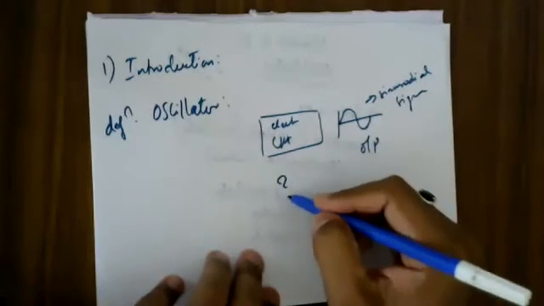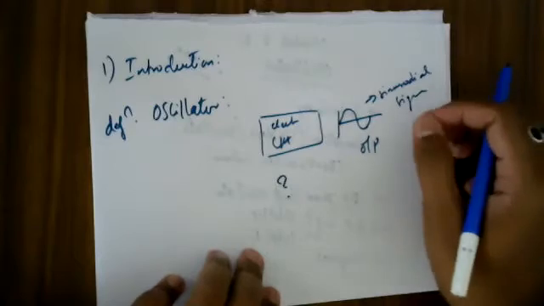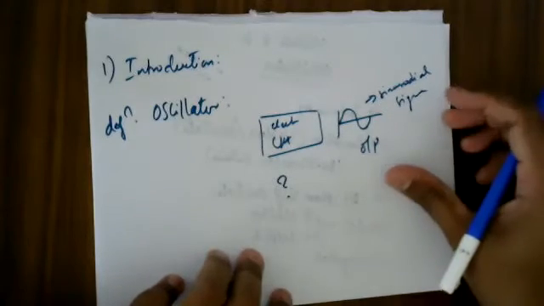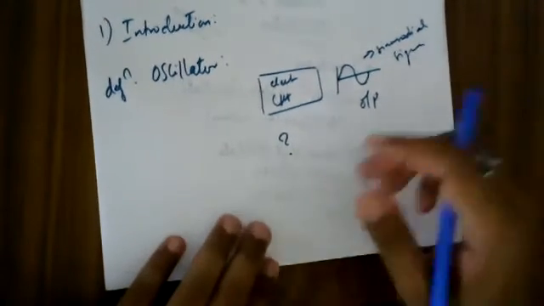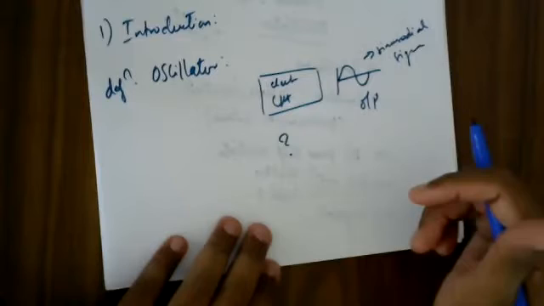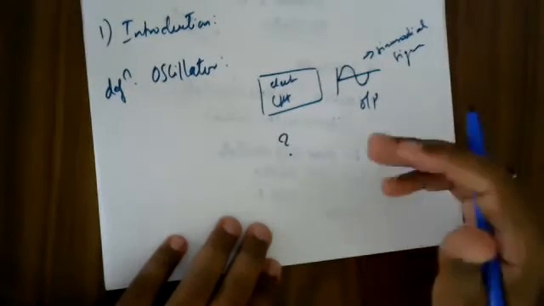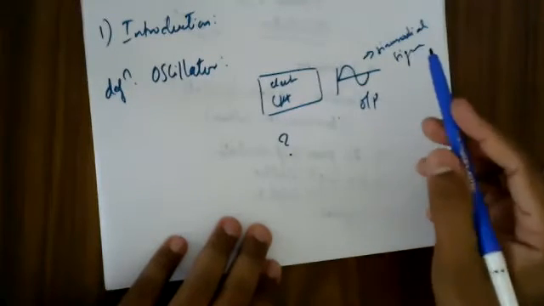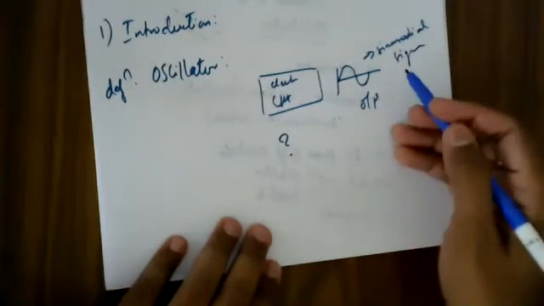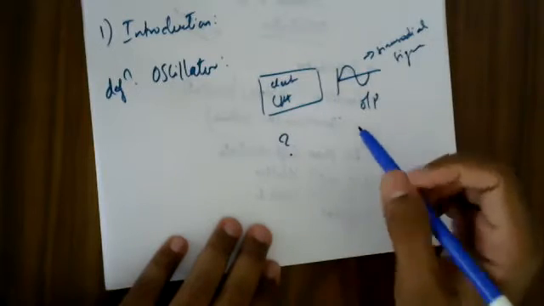Now, a question may come to your mind: sir, in many of our electronic circuits, we apply input and still fail to get the output. How is this oscillator going to produce an output without any input?